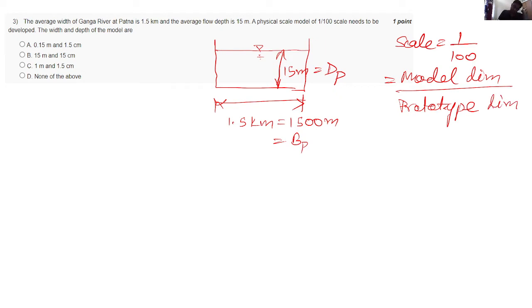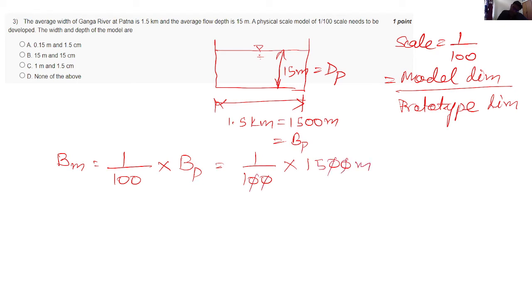So the model width can be represented as the scale multiplied by the prototype width, which is 1 by 100 into 1500 meters, equal to 15 meters.